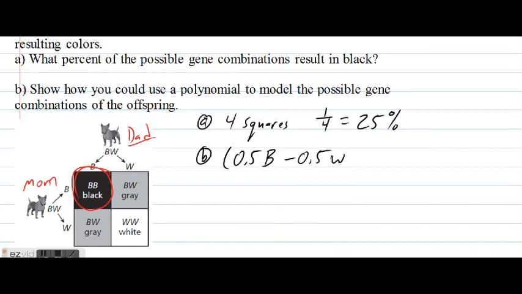Now, I think it makes a little bit more sense if we write it out, because I'm not really liking that. So I think it makes more sense if you write it out.